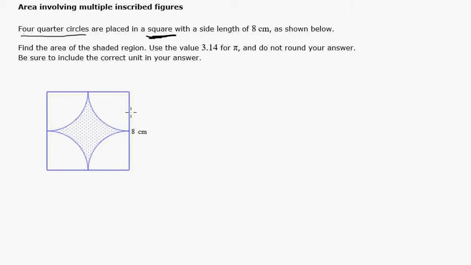So if this distance is 8, then we know that this distance is 8. So the area of the square is going to be the length times the width, but that's just going to be 8 times 8, or 64.